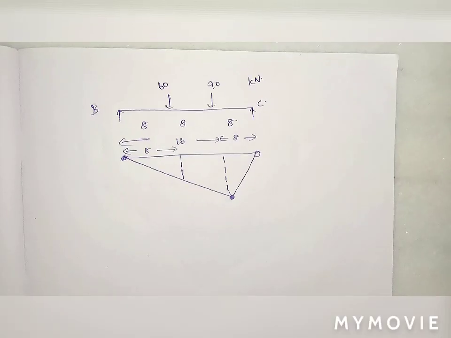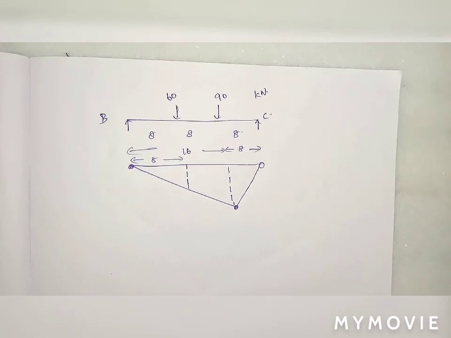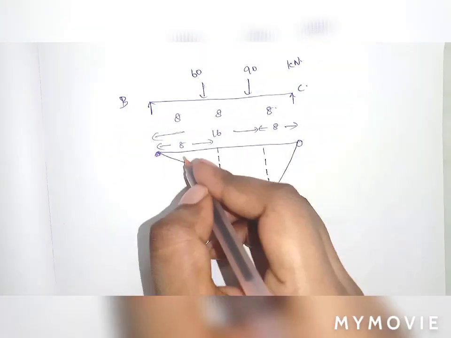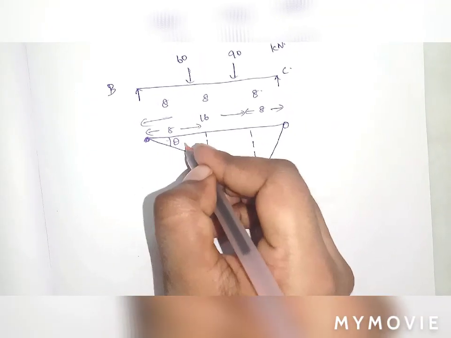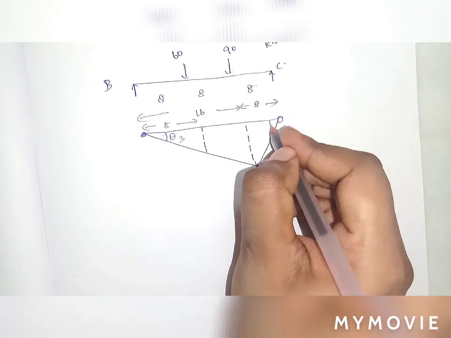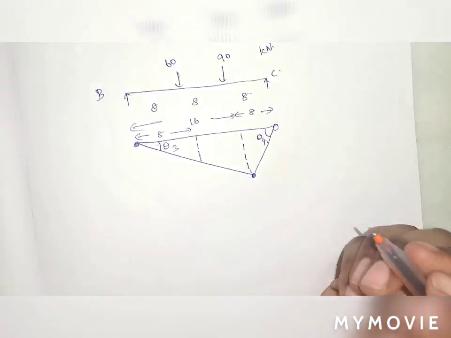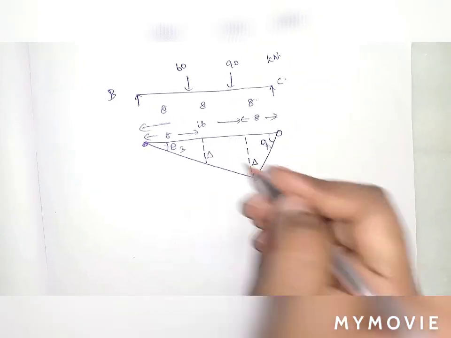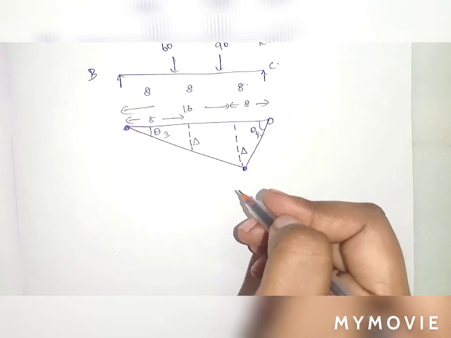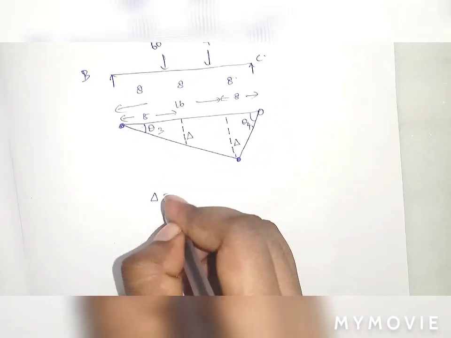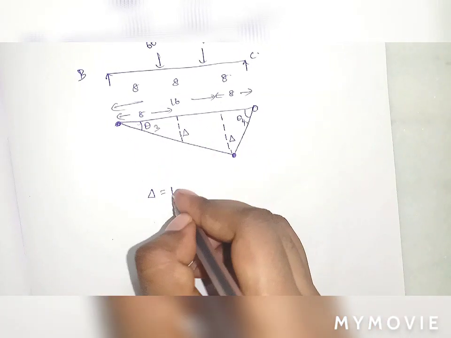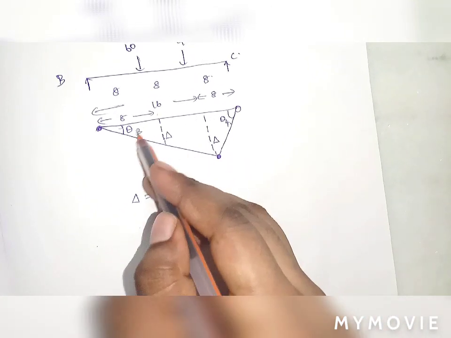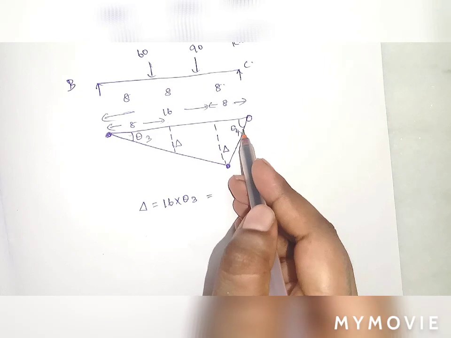Okay. Mechanism 3, if you have understood mechanism 2, we can easily solve mechanism 3 also. Okay. So I have drawn the diagram here. Let it be theta 3 and this be theta 4. Okay. And this is the deflection here, delta, and this is the deflection here. At the point of the junction, we can say that delta is equal to 16 into theta 3 or 8 into theta 4.